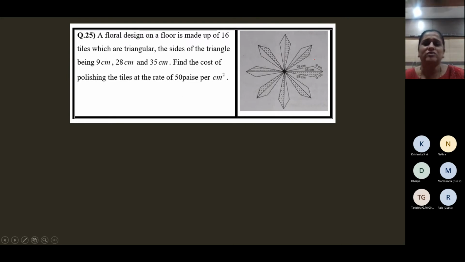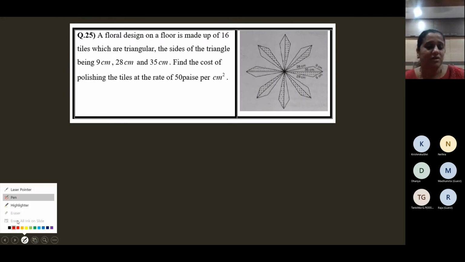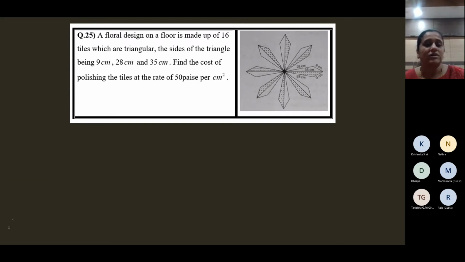Not in every other house, but we do get to see this. This is very common in houses in villages. Mostly in the middle portion of the hall, or maybe here and there, you can see tiles arranged to make a flower-like design, a floral design on a floor.